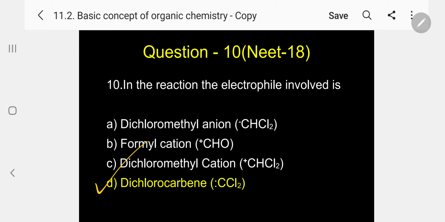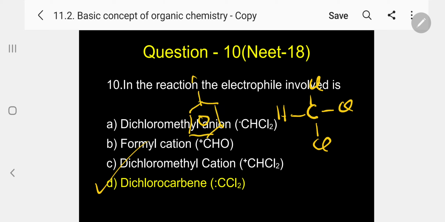Let me explain what is happening. Kindly follow. Chloroform is involved as the attacking reagent. Please follow. The original compound is phenol, and it reacts with chloroform in the presence of sodium hydroxide.